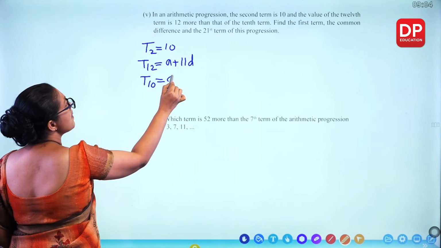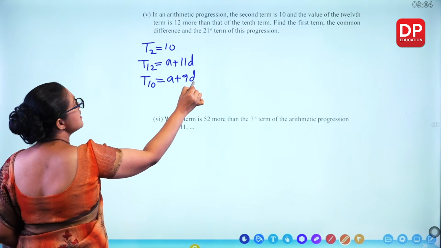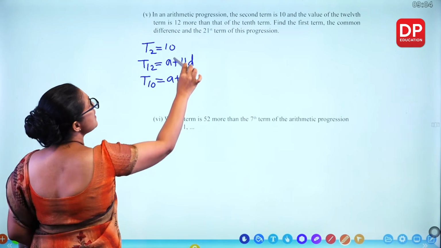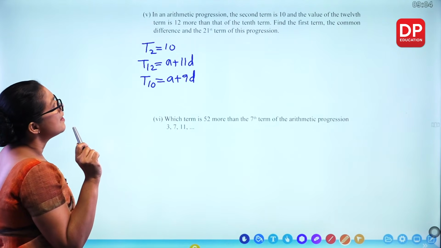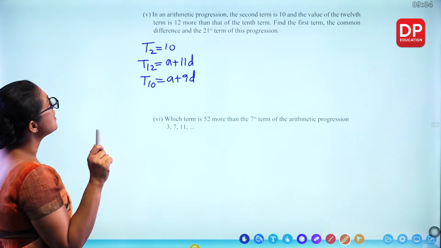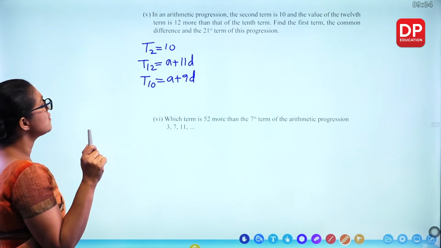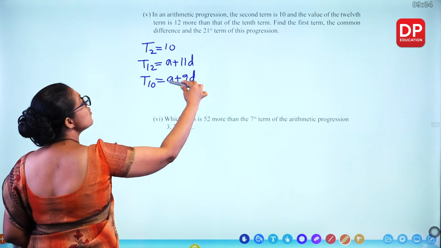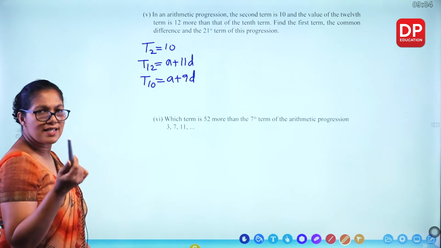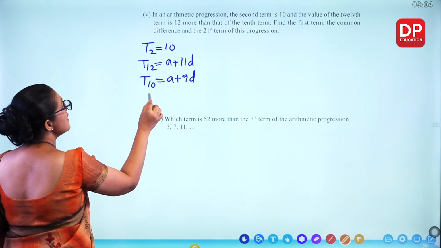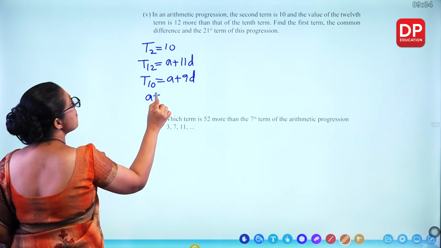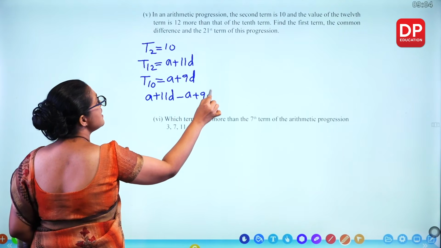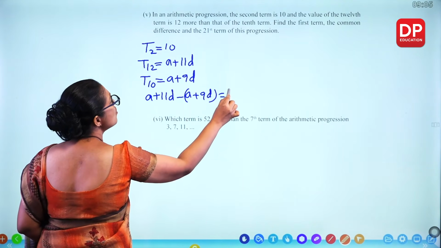T10, A plus 9d. They have given that the 12th term is 12 more than the 10th term. So when you subtract these two, you are getting 12.